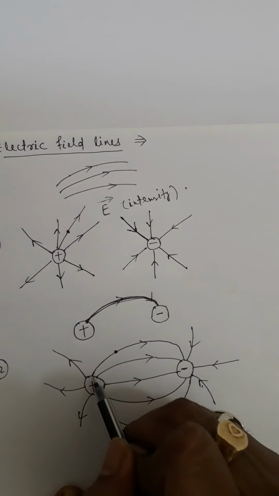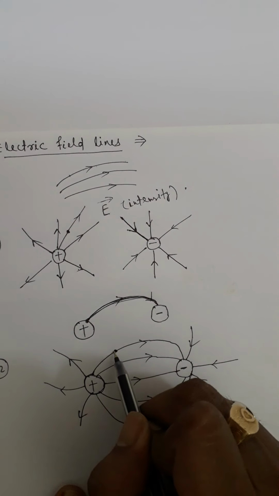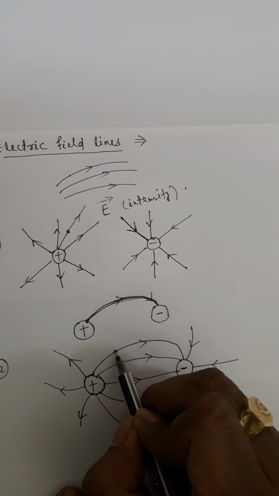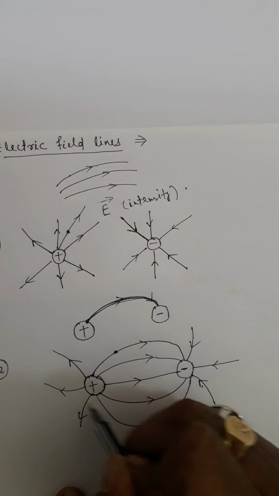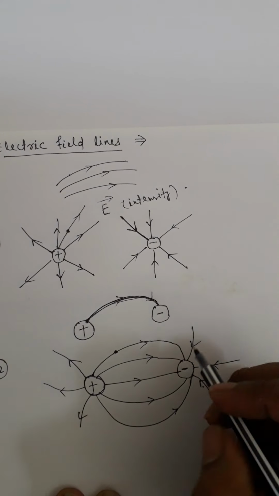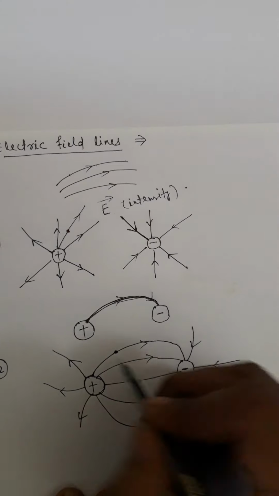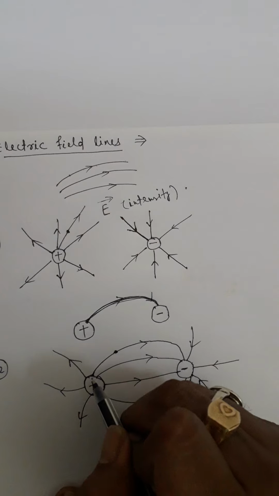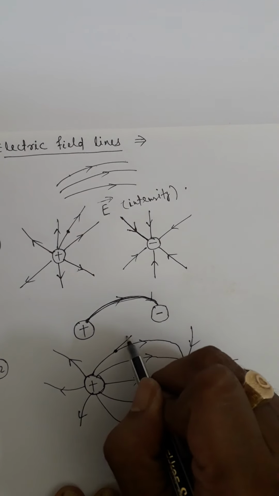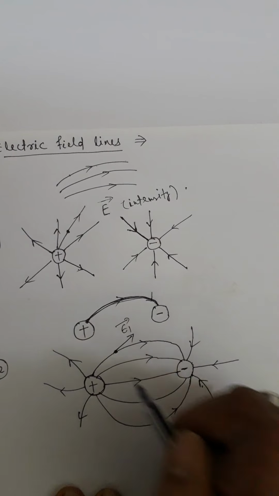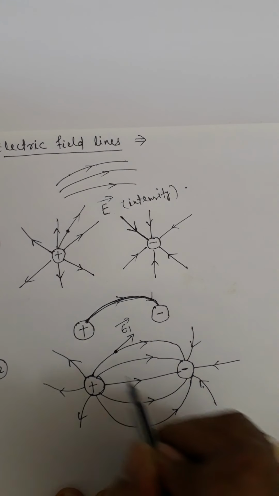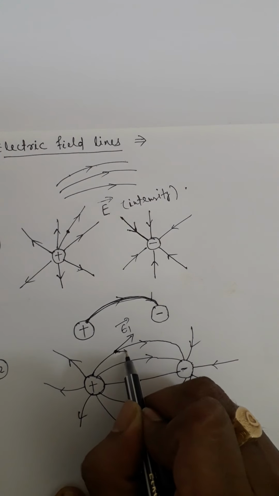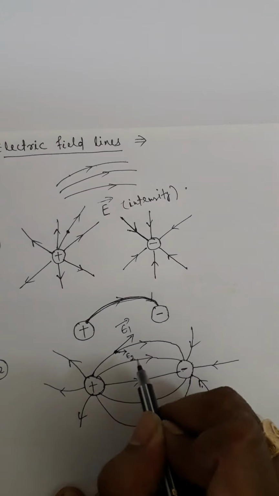So here the positive charge will repel this positive test charge with high magnitude, because this test charge is closer to the positive charge than this negative charge, and this negative charge attracts this positive test charge. Suppose due to this positive charge, the direction of electric field, this is E1, is on this side, and due to this negative charge, the magnitude is very small because it is far away from this test charge. So this is the electric field intensity E2.